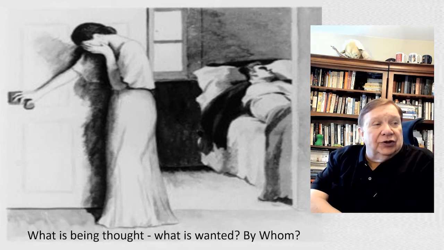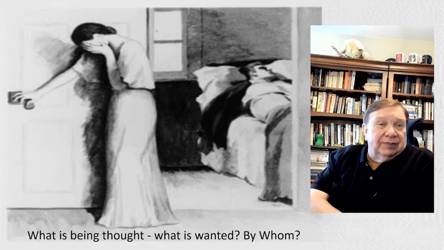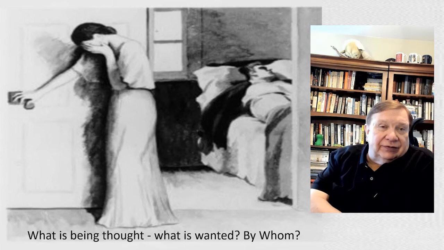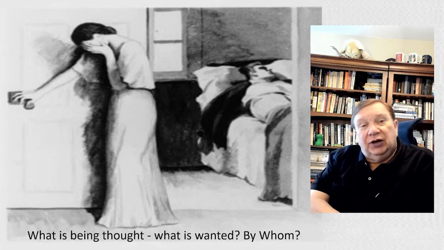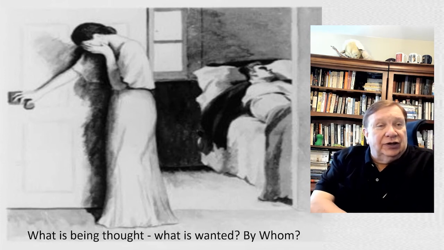Third question, what is being thought? What is wanted by whom? Well, with the guy being passed out, sick or dead, not a whole lot he's probably thinking about. With her, it's either relief, she's too high to worry about anything, she's sad she's finally lost her partner, and things like that.